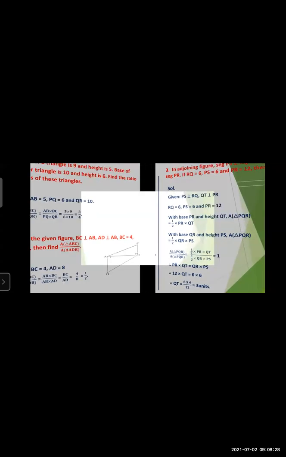Now, next question. In the adjoining figure, AP is perpendicular to BC and AD is parallel to BC. Then find the ratio of the area of triangle ABC to the triangle BCD.